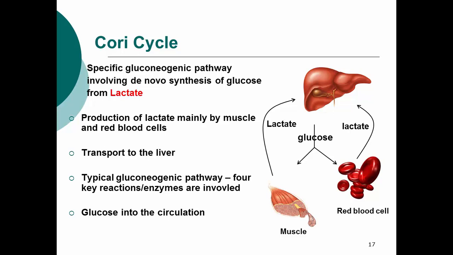So this is the Cori cycle, and the purpose of the Cori cycle is to make glucose through gluconeogenesis, starting from lactate, with muscle and red blood cells as the major donors of the lactate for gluconeogenesis in the liver.